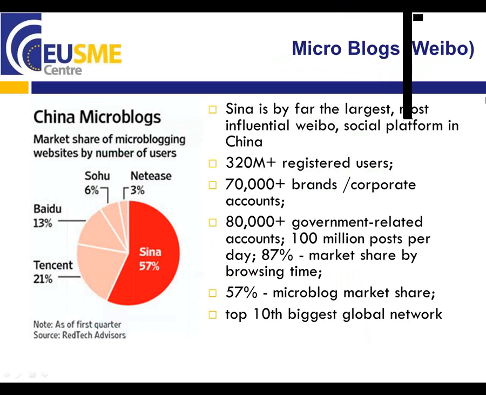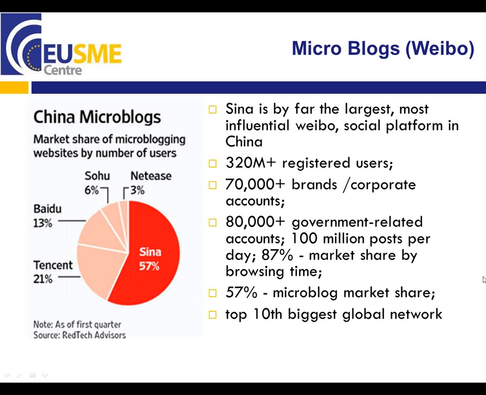We're going to talk about microblogs. So right now, there's two leading microblogs. One is called Sina Weibo, the other one is called Tencent Weibo. But Sina Weibo is by far the largest and most influential microblogging platform in China.